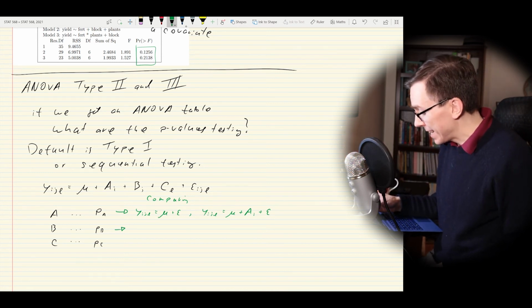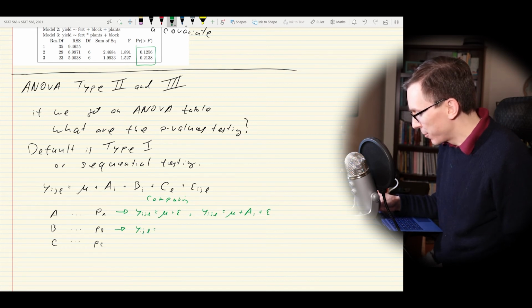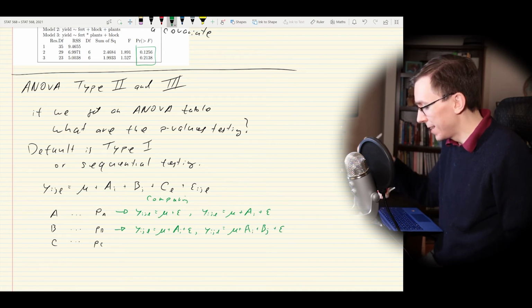Now, when we get to the next line, we've already included A in the model. So we're going to be comparing the model mu plus A_i plus epsilon to Y_ijl equals mu plus A_i plus B_j plus epsilon.